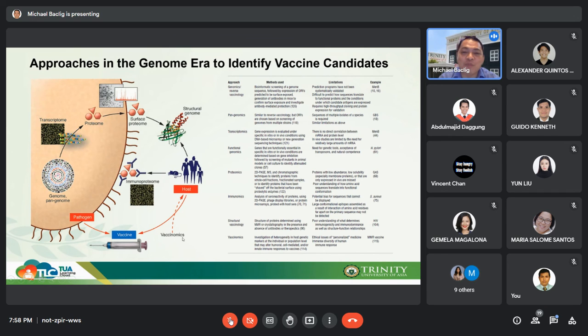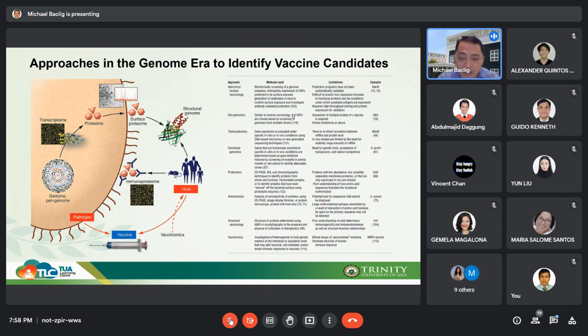So there are a lot of omics, so to speak, from genomics to transcriptomics, proteomics, metabolomics, what have you. What I'd like to highlight with this slide is that these are the different approaches, the omics, and we have a lot of methods or techniques that are available to continue to help identify candidates for drug discovery, including vaccines.